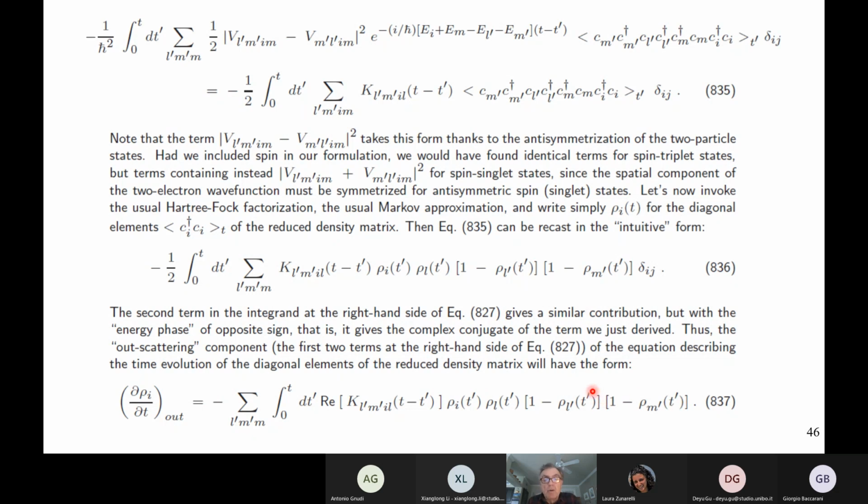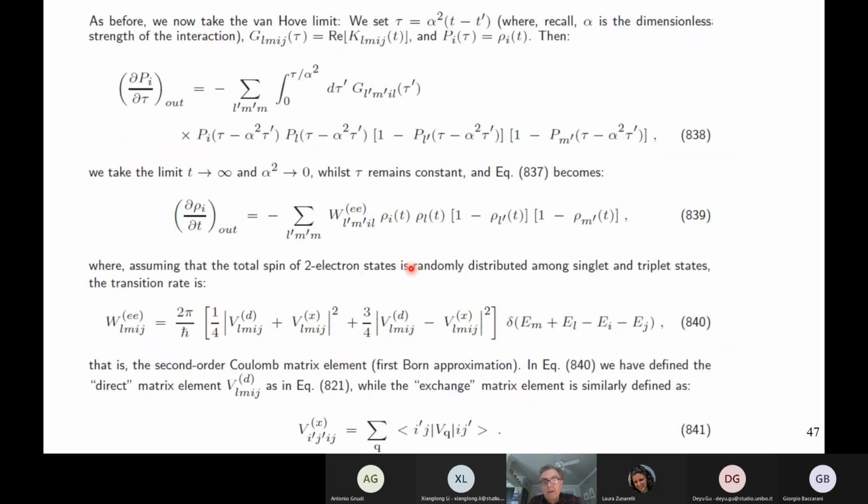They're not occupied. Again, I'll spare you the pain, but you recover the usual Born approximation for the electron-electron matrix element interaction. It's expressed in terms of these two-particle matrix elements, as we saw before, dealing with the electron-electron interaction.